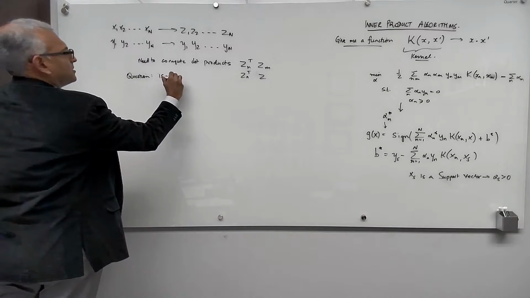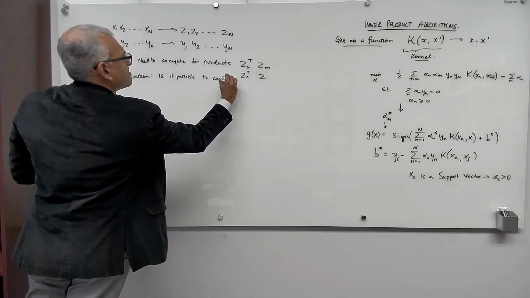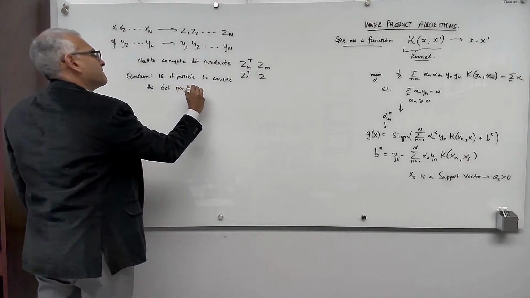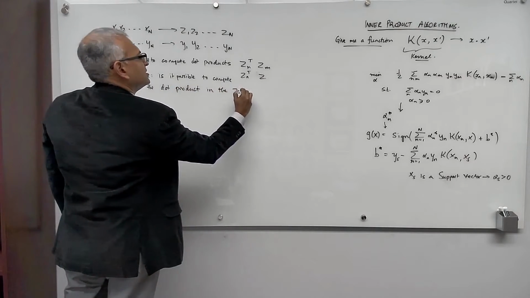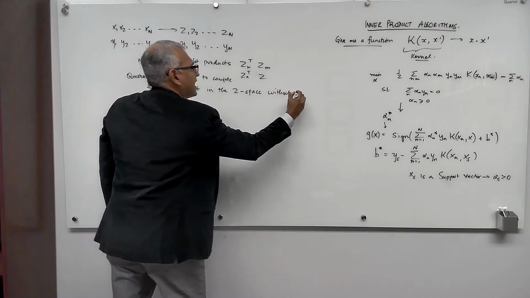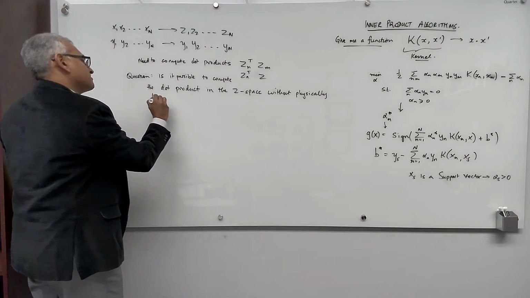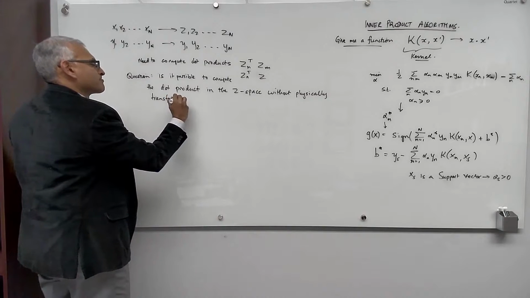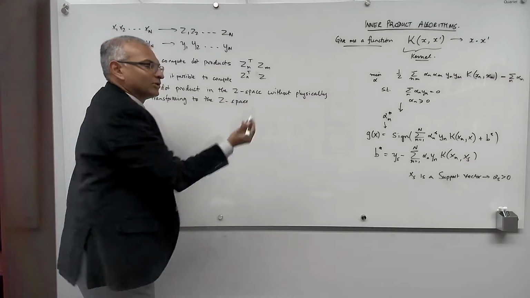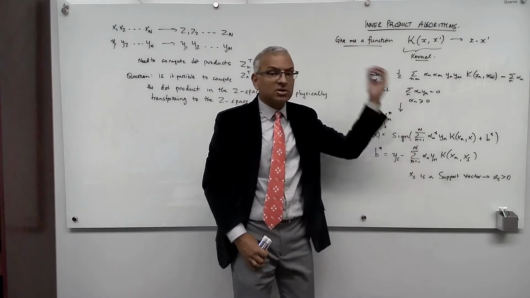Is it possible to compute the dot product in the z space without physically transforming to the z space?